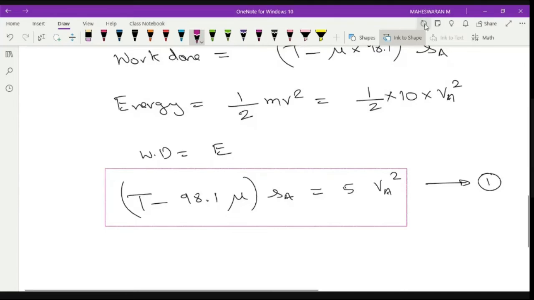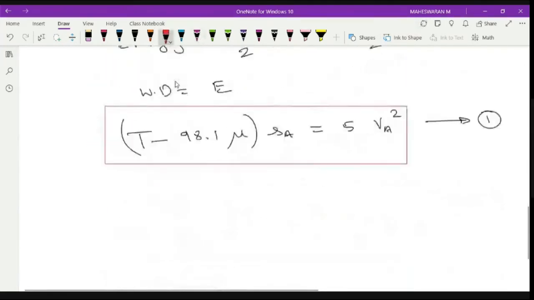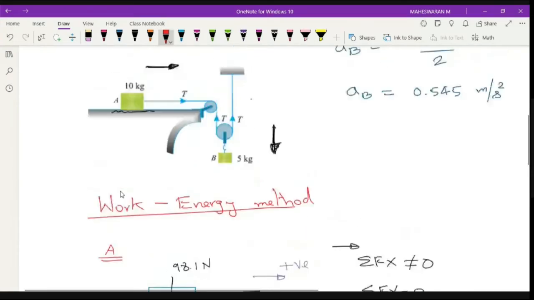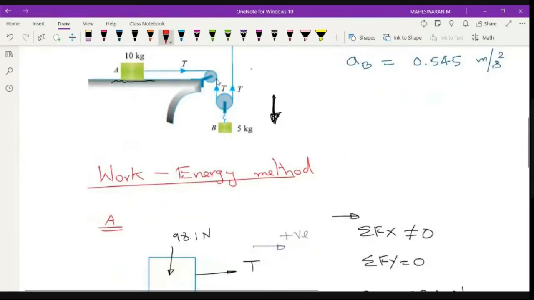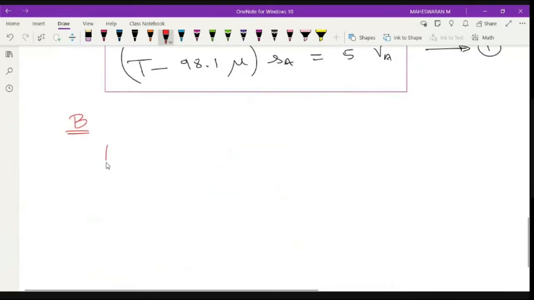Now we'll proceed with the next block, block B. It is connected to a string, and your block is here, 5 kg. You have two tensile forces acting like this.